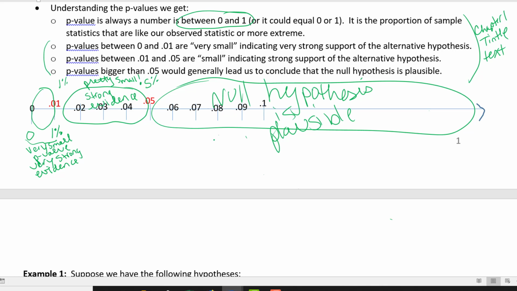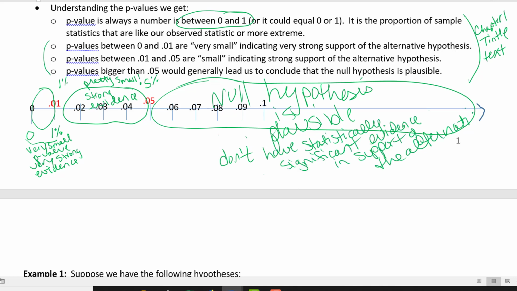Null hypothesis is plausible. You don't have statistically significant evidence in support of the alternative. Likewise, then, we do say generally out in the world, when you have a p-value below 0.05, that is usually okay for us to say you do have statistically significant evidence in support of the alternative hypothesis.